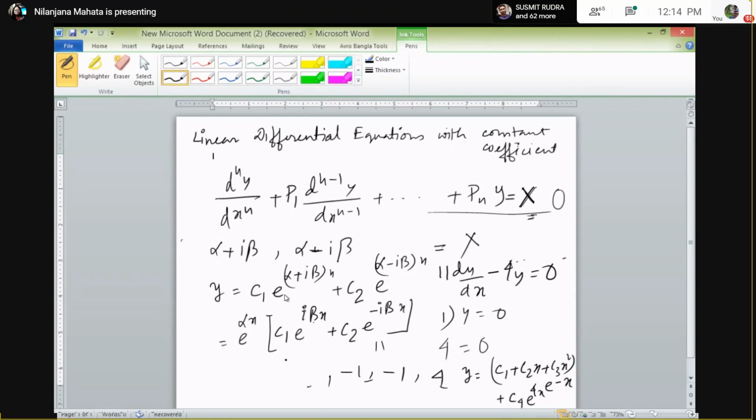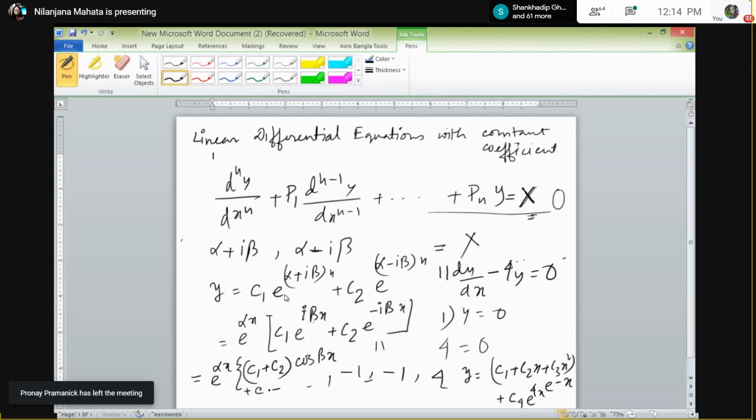If we simplify further, it will be e^(alpha x) times (C1 + C2) cos beta x + i(C1 - C2) sin beta x.